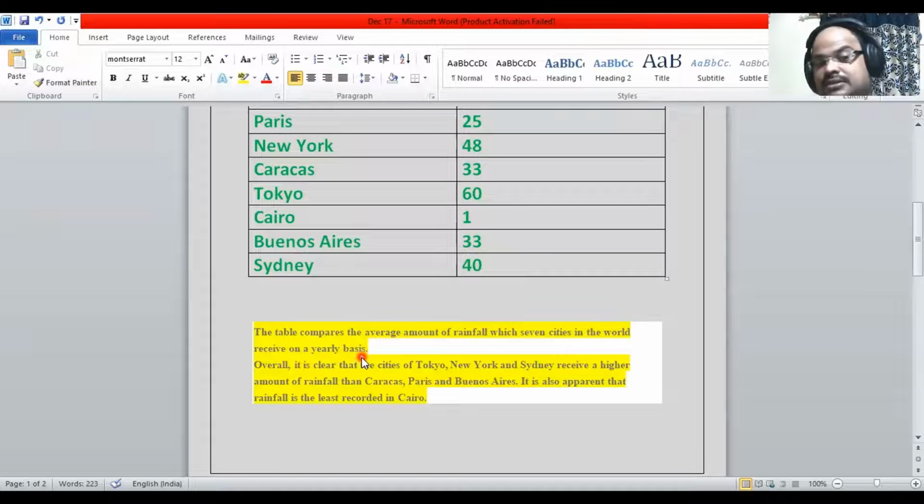You know that 7 cities are there. We are not mentioning it's Paris, New York, Caracas, and all. Why? Because we are going to see this thing in the body paragraph actually.